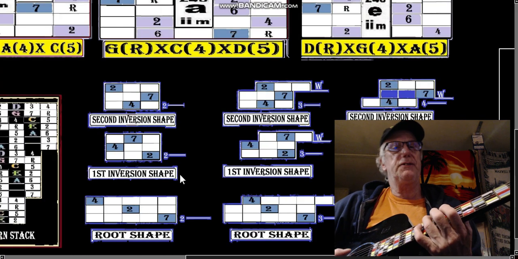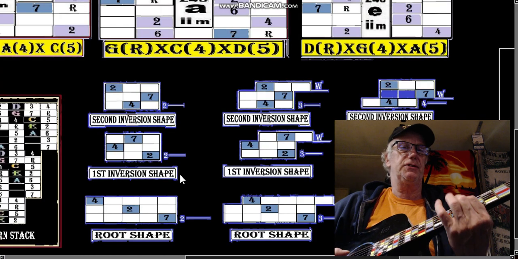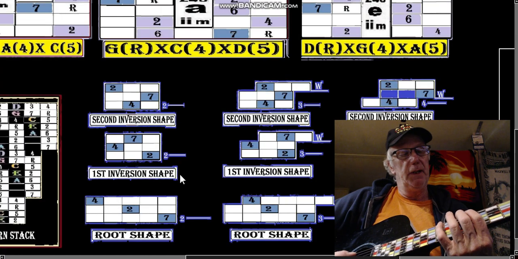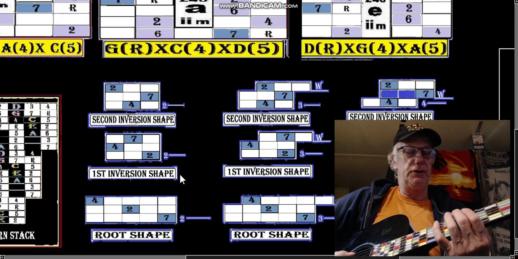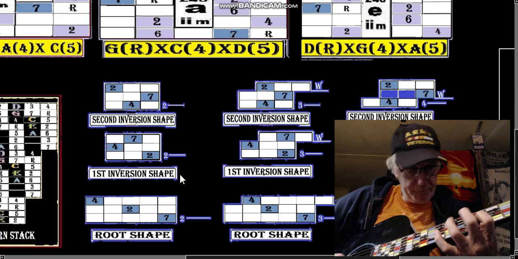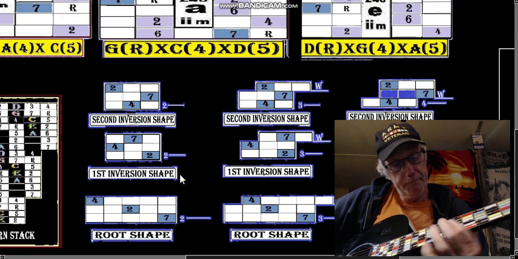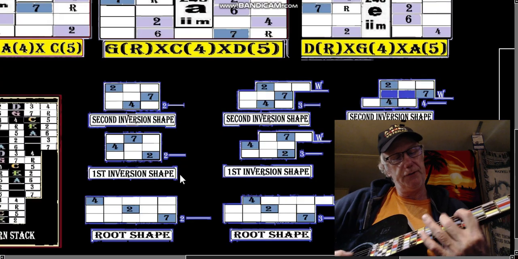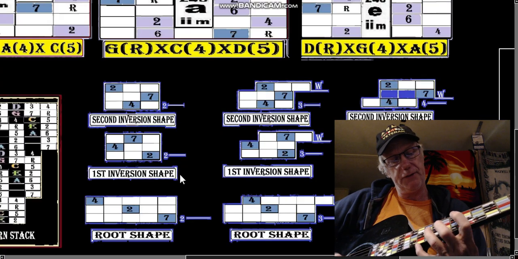Okay, now if that's the 7th, this is the 6th, this is the 5th. Where are we? We're in an S3 A shape. Why do we call it an A? Because the 5-6 is your A string shape, the bottom of your A cage. So it's 5, 6, 7, root, 2, 3, 4, 5, 6.